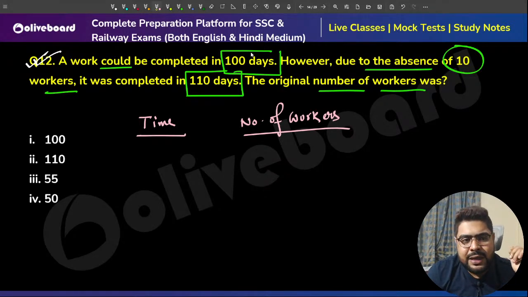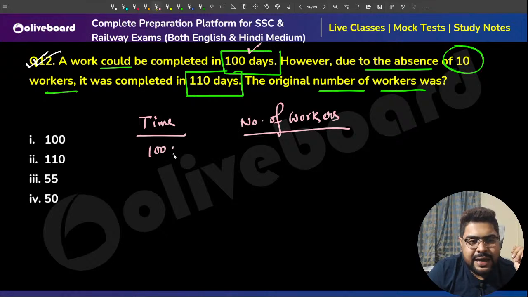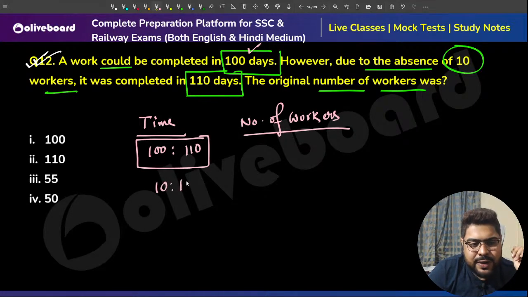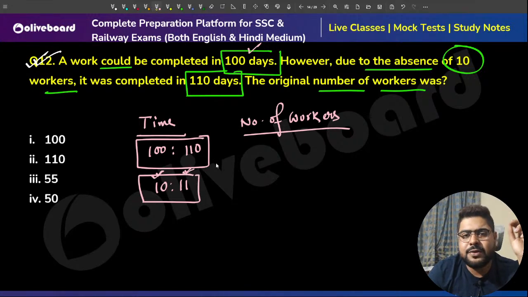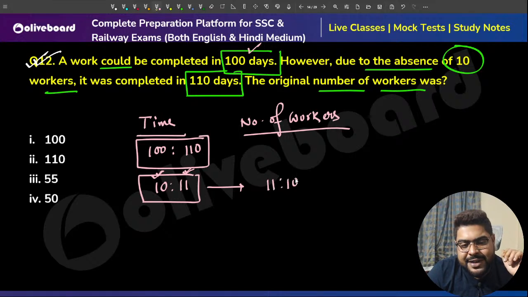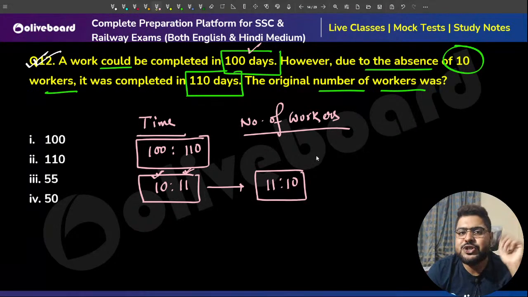So it was 100 ratio 110, meaning 10 ratio 11, because it was supposed to be completed in 10 days, it was completed in 11 days. So the number of workers ratio will be 11:10, the inverse ratio of this.